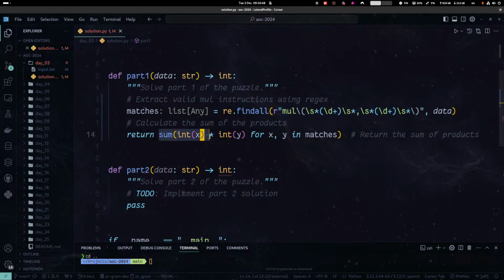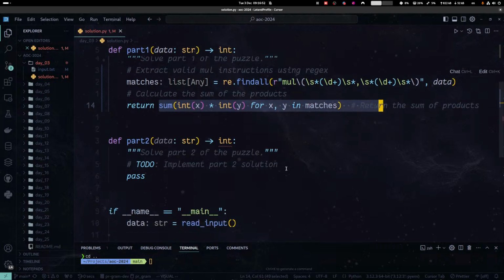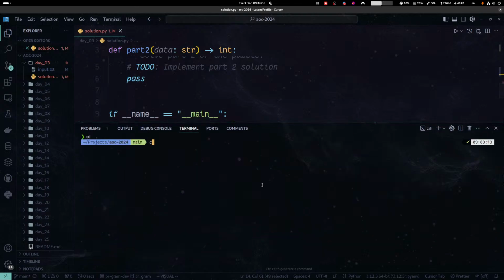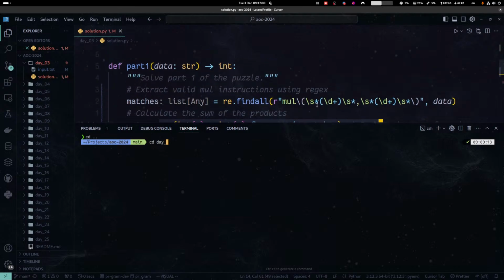Alright, and sums integers multiplied x and y in matches. Could be fine. I'm not going to check the regular expression here, but it seems like it's okay from the first glance.